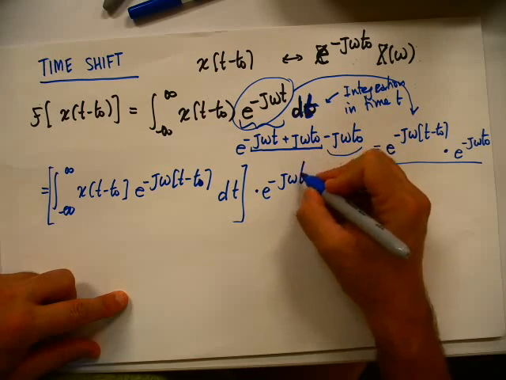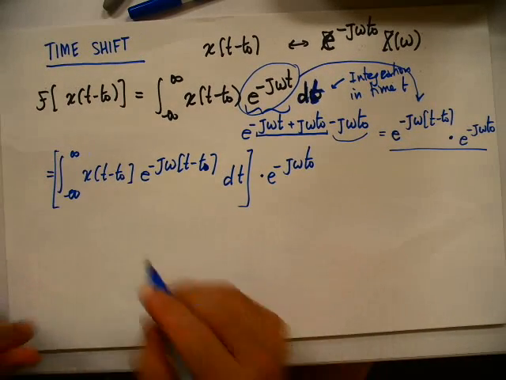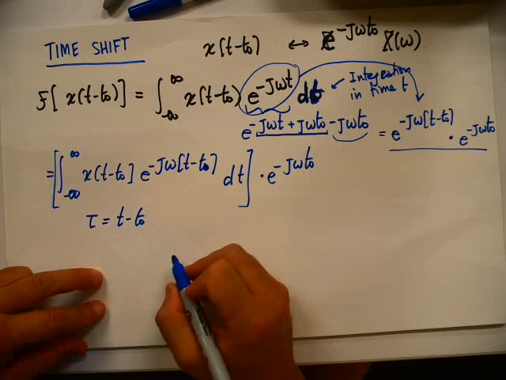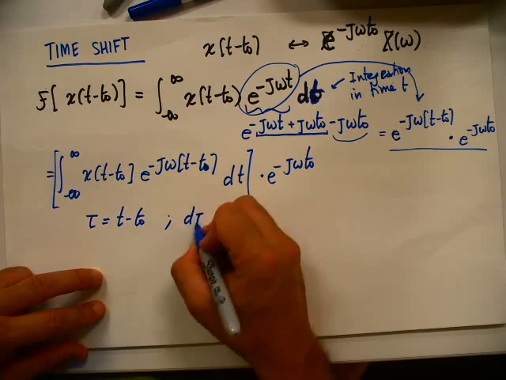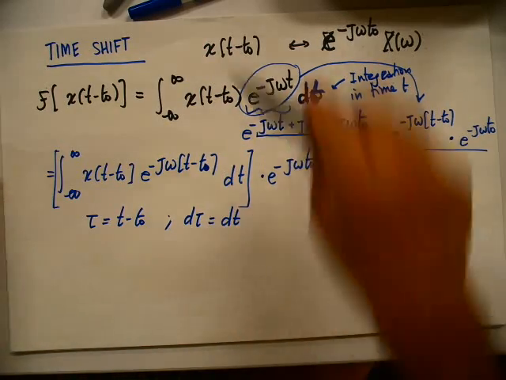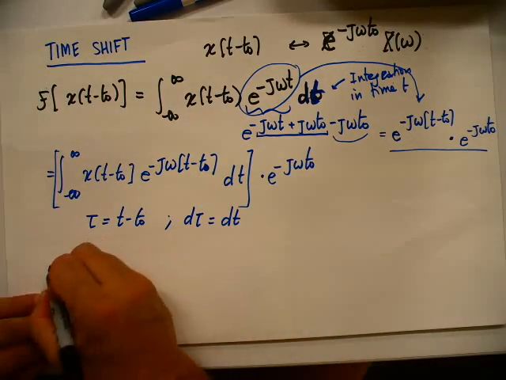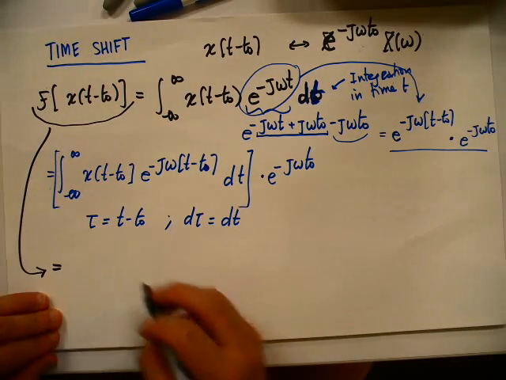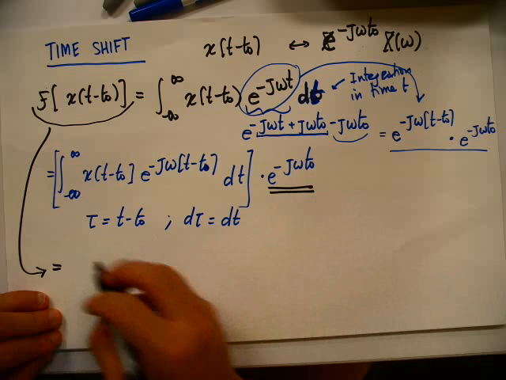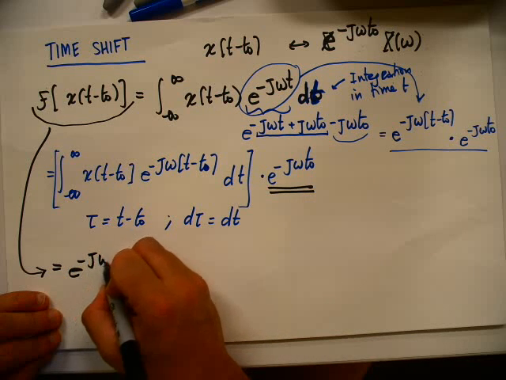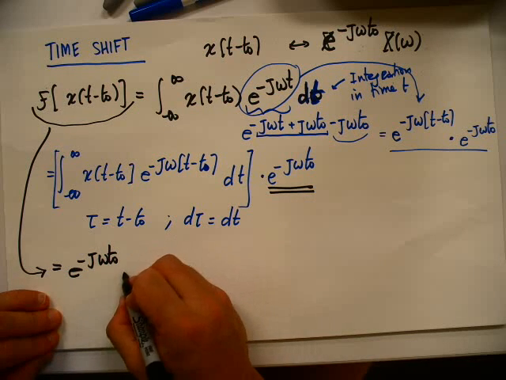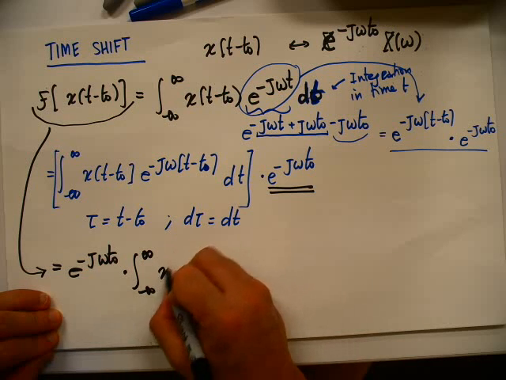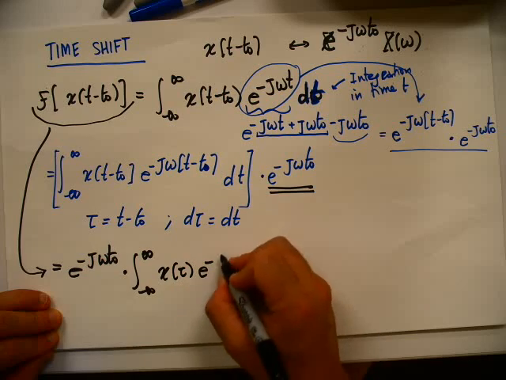But now I can do the change of variable, tau equal t minus t naught, and d tau equal dt. This will allow me to rewrite the Fourier transform of the shifted signal as e to the minus j omega t naught times the integral from minus infinity to infinity of x of tau e to the minus j omega tau d tau.